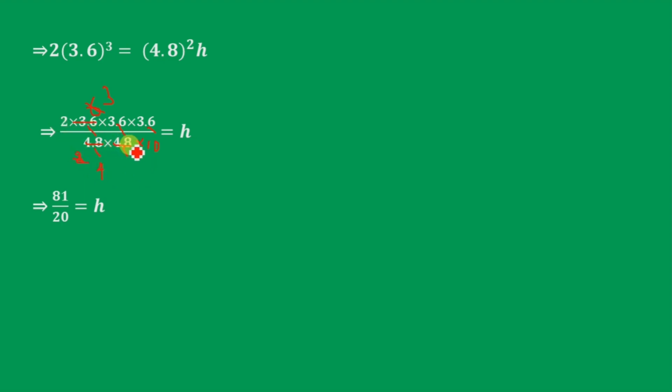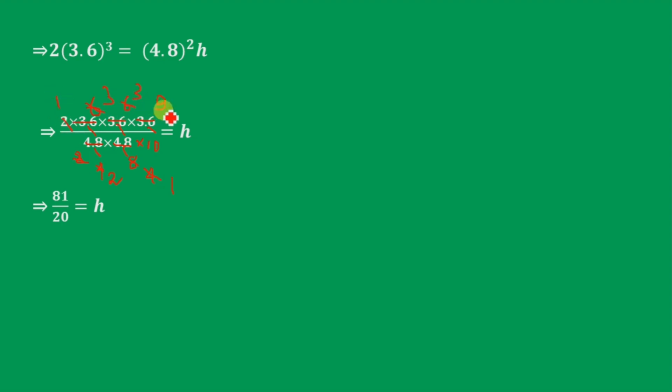Here also, 6 8s are 48, 6 6s are 36. 2 3s are 6. 2 4s are 8. 4 1s are 4. 4 9s are 36. 2 2s are 4. 2 1s are 2.